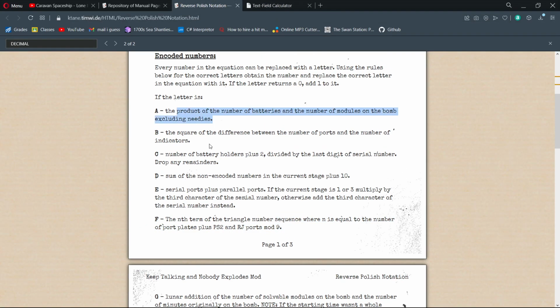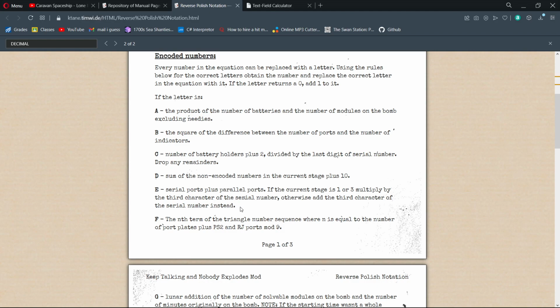So we went over A, B, the square of the difference between number of ports and number of indicators. So that's basically just ports minus indicators, and then you square it. This should never be a negative number because you're squaring it. E is serial ports plus parallel ports. Stages 1 or 3 multiplied by the third character of the serial number.